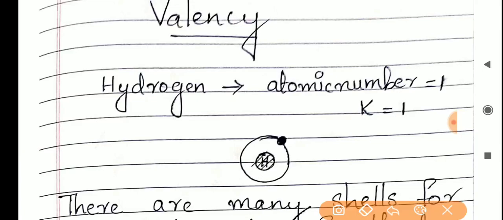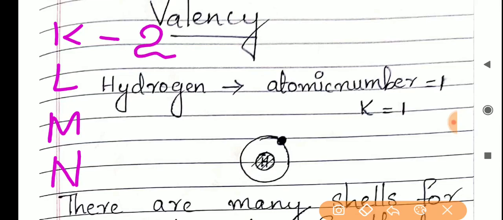There are different shells like K, L, M, N, etc. Up to N only we have to study. The K shell's maximum capacity is 2 electrons. Then L, M, N will carry a maximum of 8 electrons.